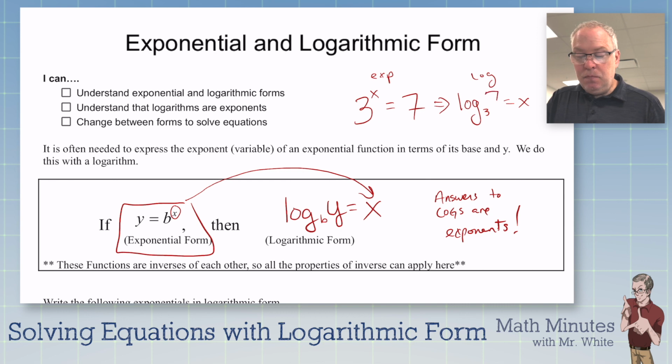And then whatever the remaining number is, which happens to be a 7, goes inside the logarithm. So log base 3 of 7 is x, and that's the answer. Now you might not understand what that is yet. I'll show you how to use a calculator to figure out that value in a moment.